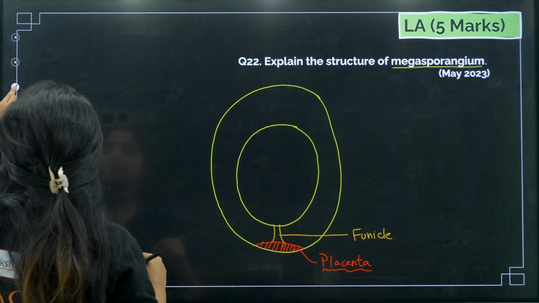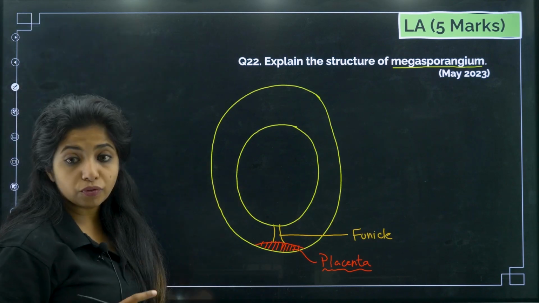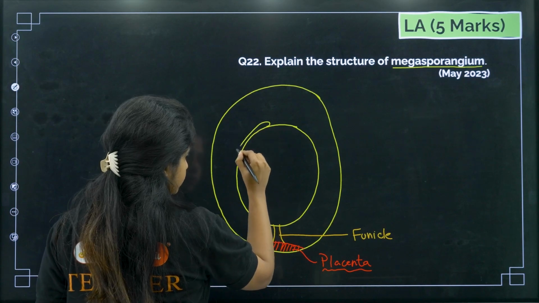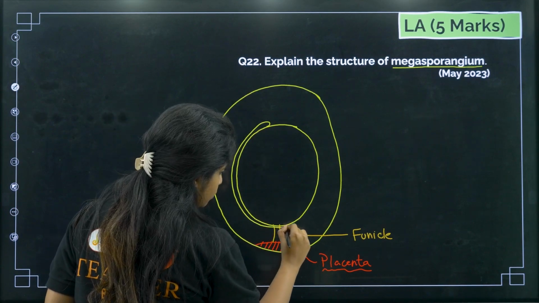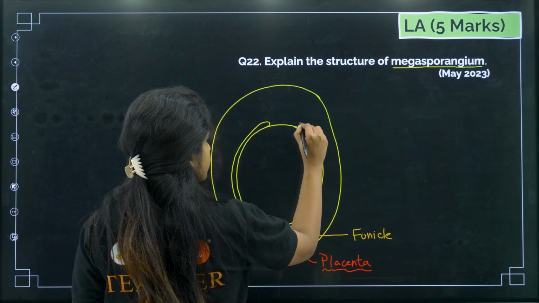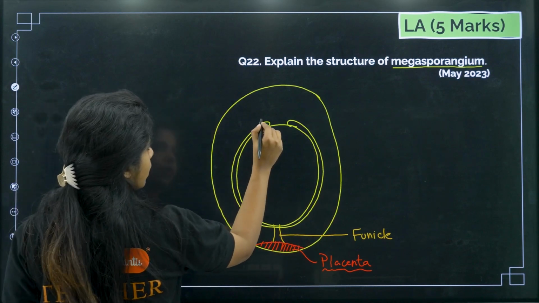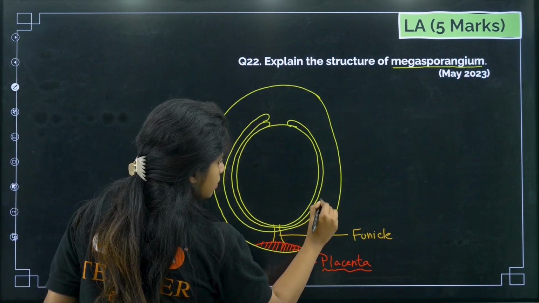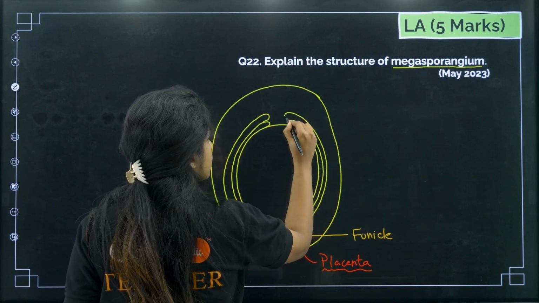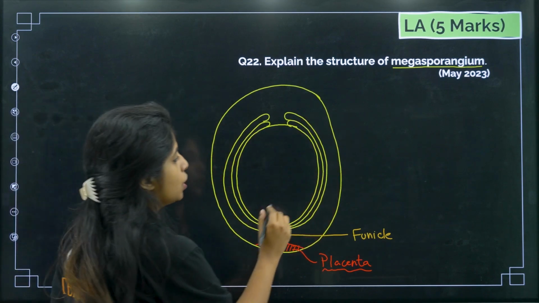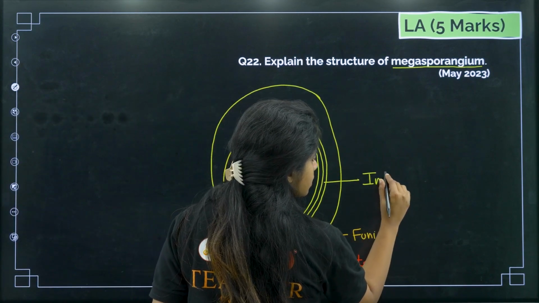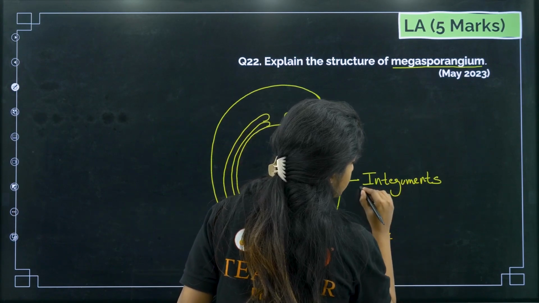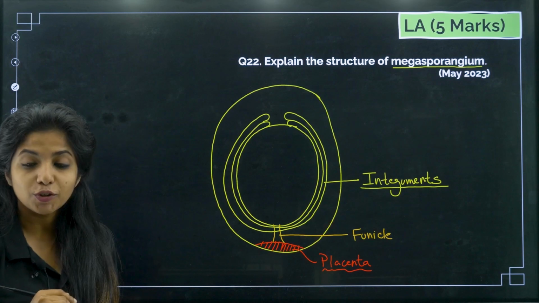Okay, now the ovule that you see over here, it has two protective layers around it. So this is one which goes like this, okay, and there is one more which goes like this. And what do you call these layers as? You call them integuments.